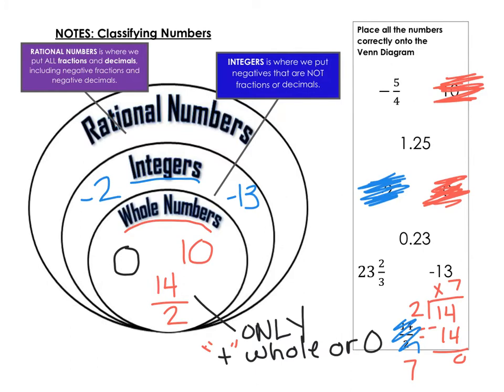Now, everything else, it says rational numbers is where we put all the fractions and decimals, including negative fractions and negative decimals. And the reason why this fraction worked is because when we divided it, it turned into a whole number.